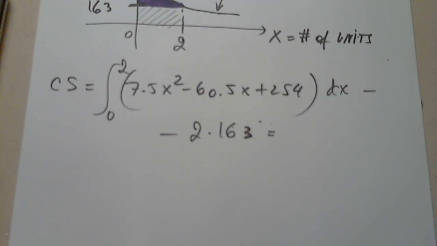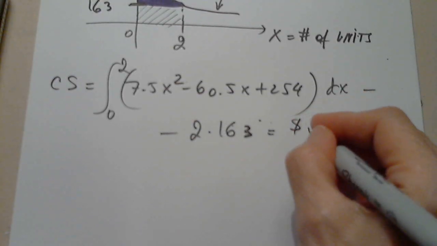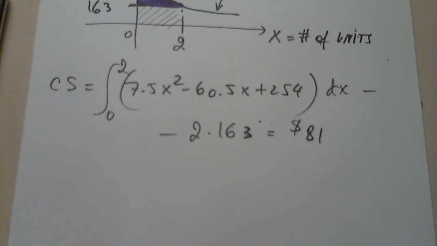Of course, dx. Minus, in one line, don't do this in 2 steps, 2 times 163. When I press enter, this will be the value added, the surplus, $81 for 2 jumps. So she's paying 2 times 163. And she's enjoying extra the 81, okay, without paying for it.